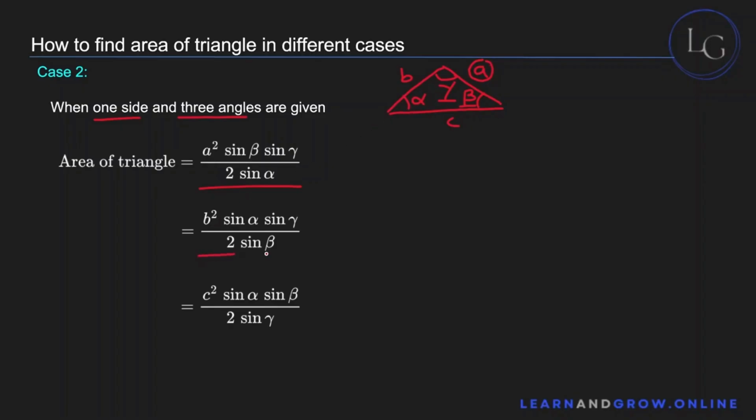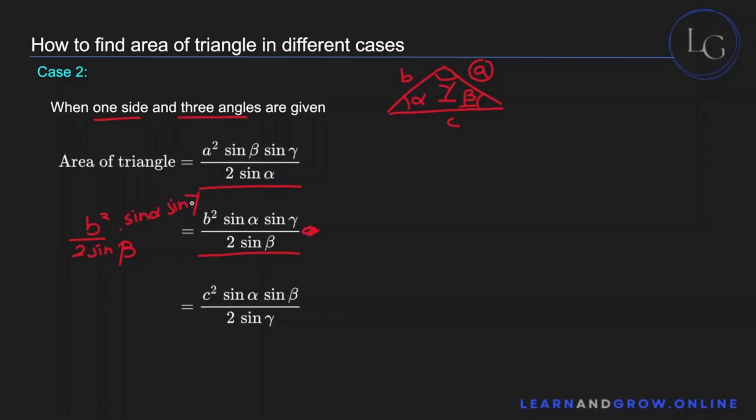Now let's look at the second one, just to make it clearer. This is also equal to B squared over 2 sine beta into sine alpha sine gamma, right?